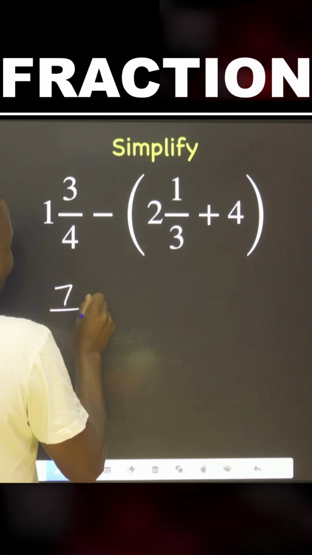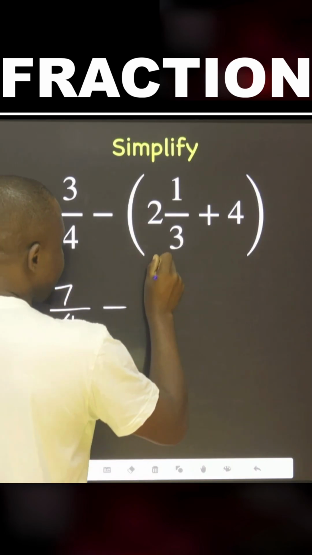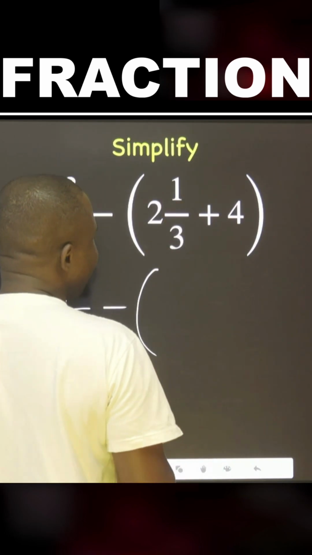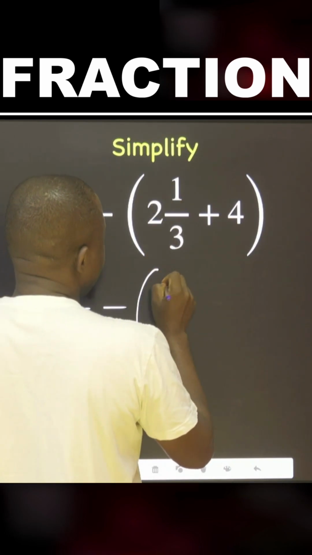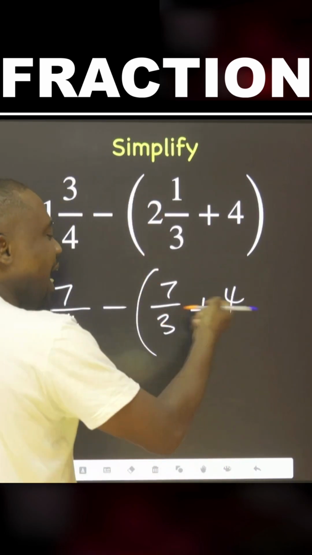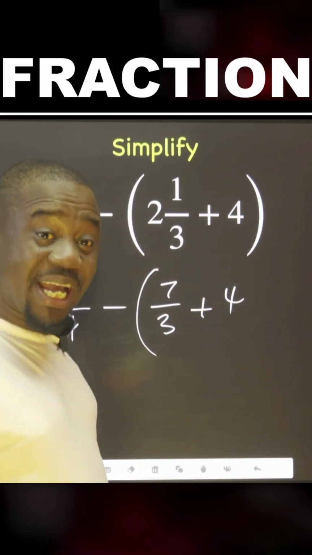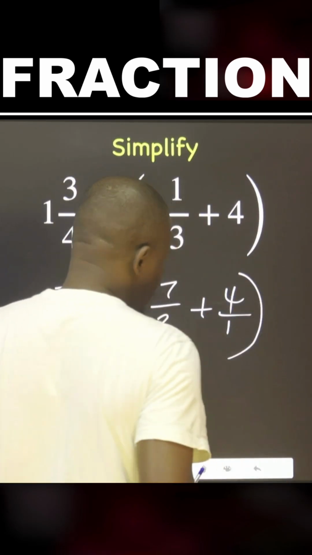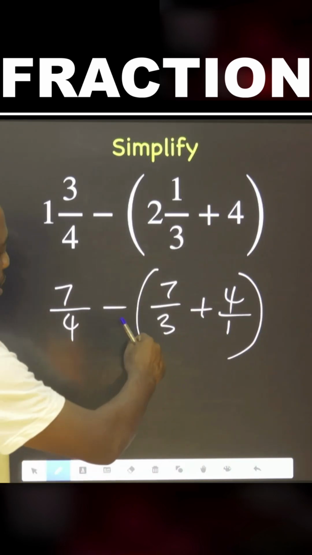That is 7 over 4 minus, we do this one too. This and this will give us 6, plus this still 7 over 3 plus 4. Remember, we don't allow this. It needs to be carried. We say over 1.